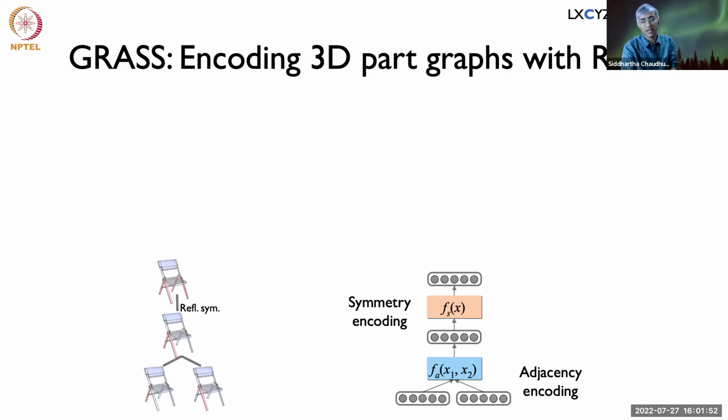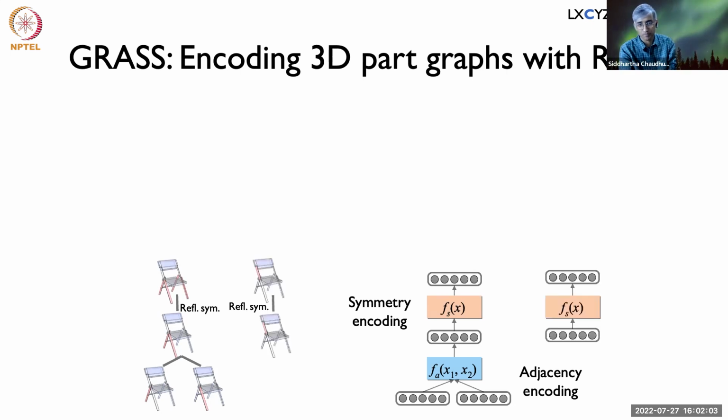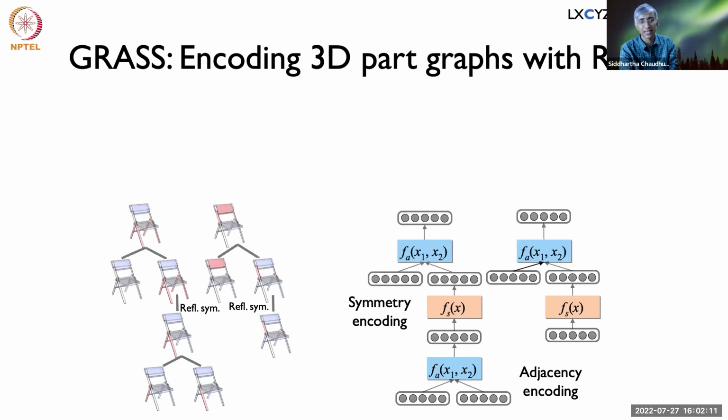I merged the left and the right into one group, and I do some sort of slightly different transformation to figure out the feature vector for this merged group. Okay, now I keep going, right? So there's another reflective symmetry between the rod on one side of the back and the rod on the other side, and I keep going. So I'm merging more and more, and the pink in the chairs and the roots of the subtrees is growing more and more.